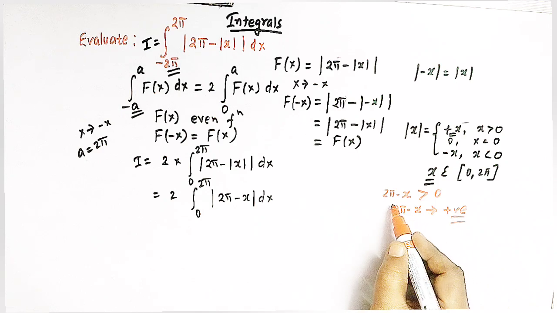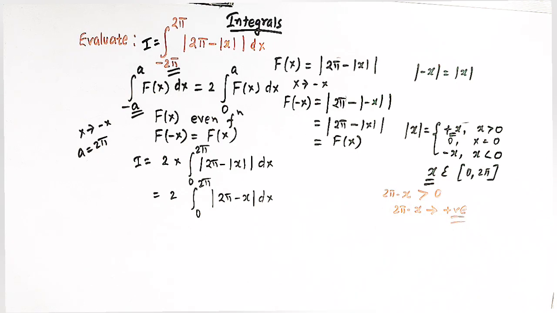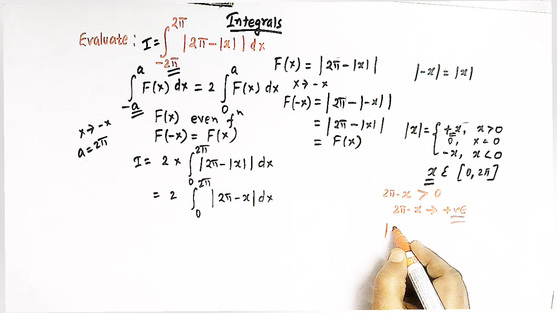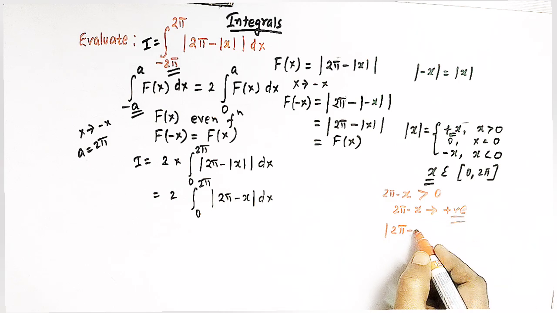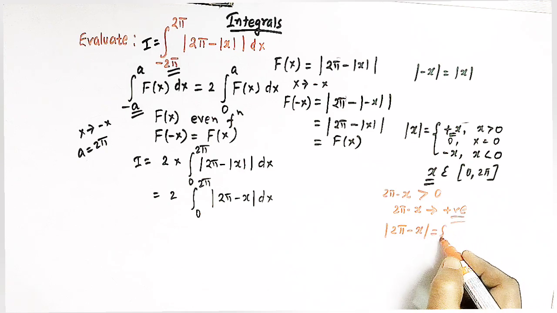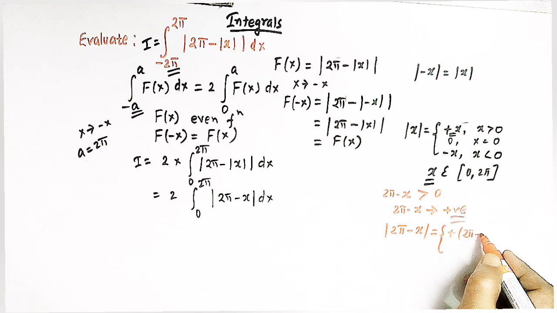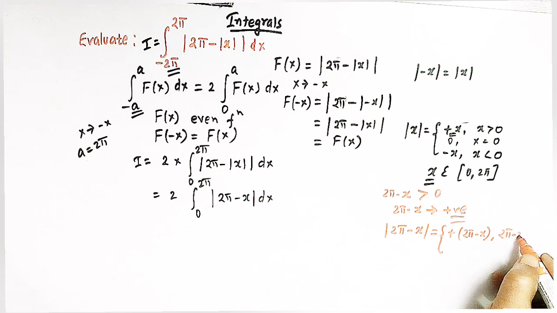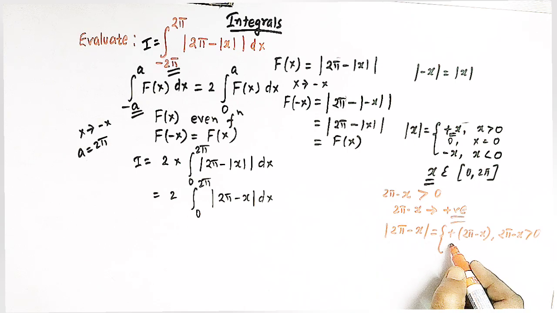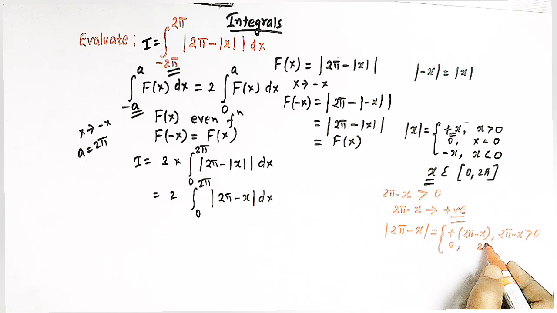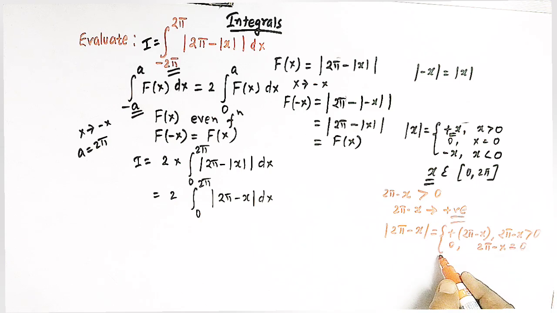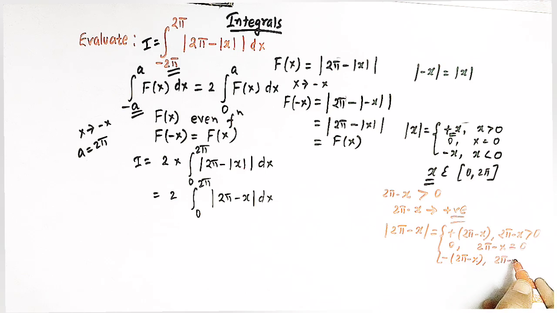So we can now apply the definition of mod function. Mod of 2 pi minus x is equal to positive 2 pi minus x whenever 2 pi minus x is greater than 0, equal to 0 when 2 pi minus x is equal to 0, and equal to negative of 2 pi minus x whenever 2 pi minus x is less than 0.